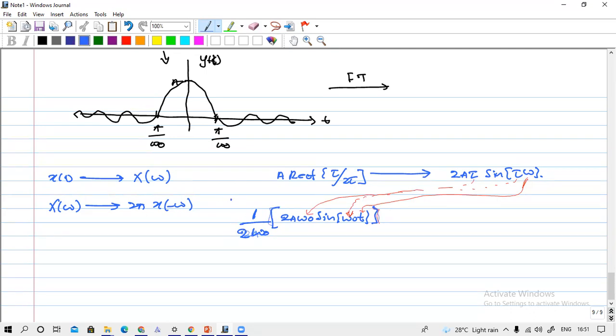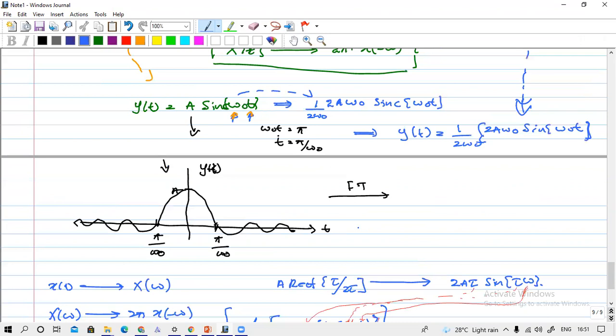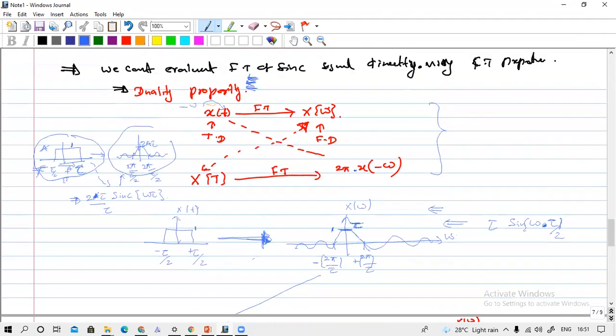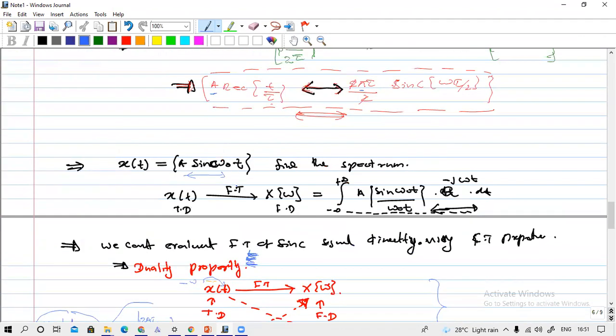So this is our y(t). This 2ω₀ and 2ω₀ cancel out. So you have A sinc(ω₀t). That is our signal, correct?